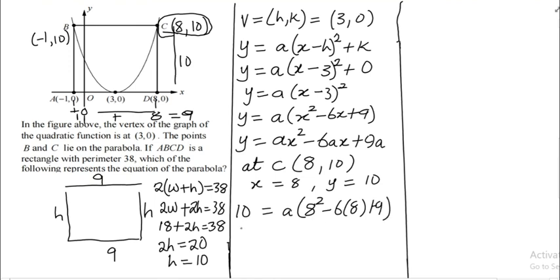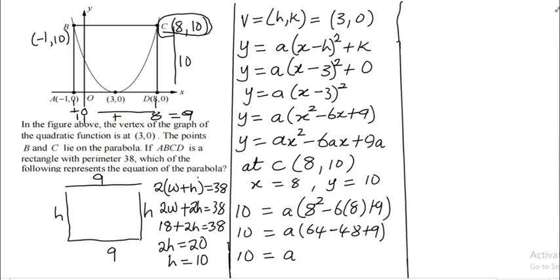So we have 10 equal to a times (64 minus 48, plus 9). 64 minus 48 gives 16, and 16 plus 9 gives us 25. So this will be 25a.